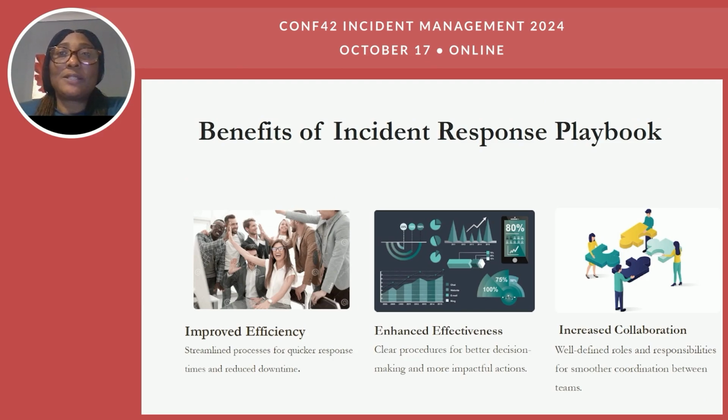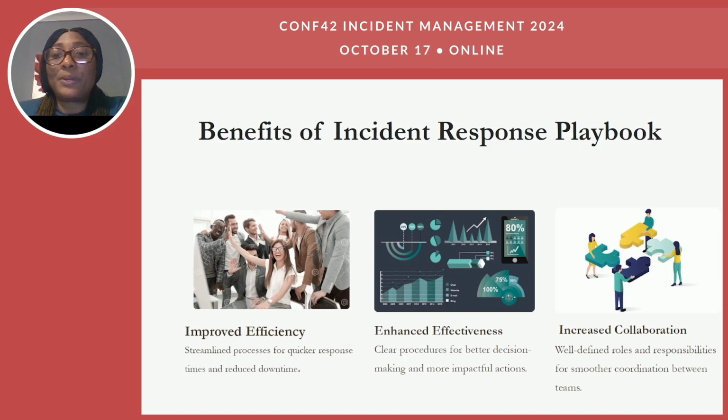Then we look at the benefits of an incident response playbook. One of the benefits is improved efficiency. Because there's already a streamlined process, it helps the team to quickly respond to the incident and reduce the downtime or the impact of those incidents. You have enhanced effectiveness. Because of the clear procedures that already outline what they are to do and how they are to go about it, it helps decision making go very fast, and they end up taking more impactful action.